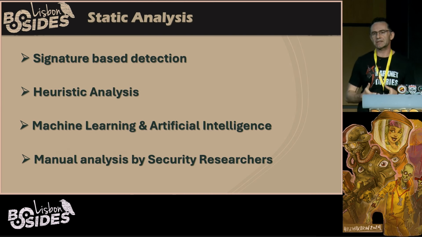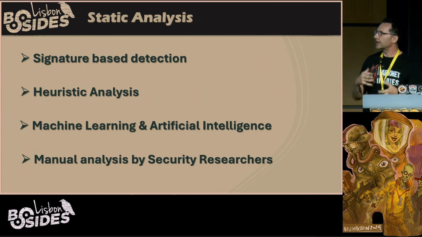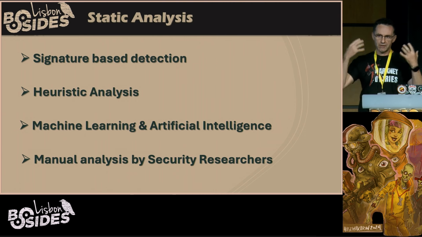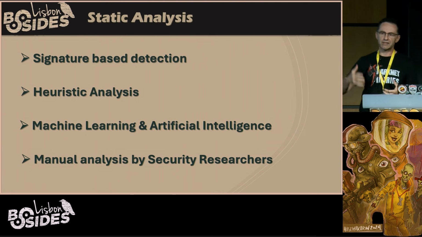When it comes to static analysis, malware developers have to bypass a couple of defenses, including signature-based detection. Simply said, you give a file, and this file is checked for known byte patterns that have been previously identified in malware. We have heuristic analysis.